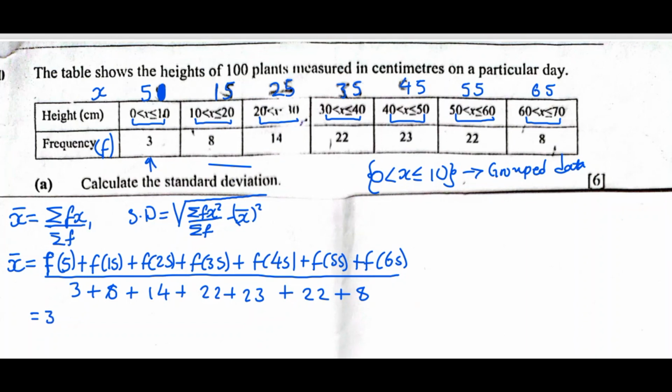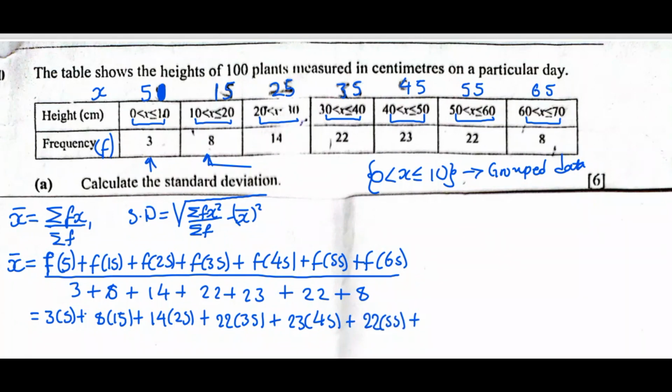So this will be 3 times 5, plus 8 times 15, plus 14 multiplied by 25, plus 22 times 35, plus 23 times 45, plus 22 times 55, plus 8 times 65, over the total frequency.